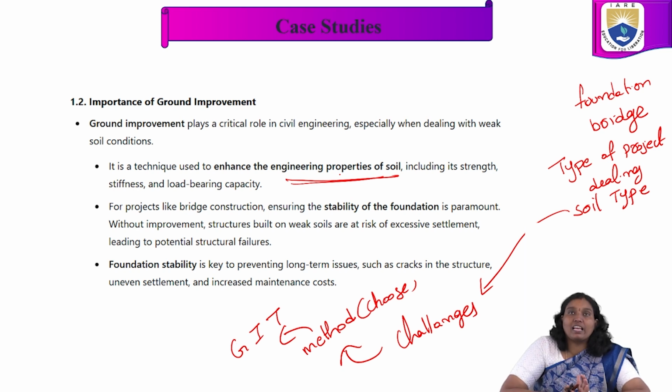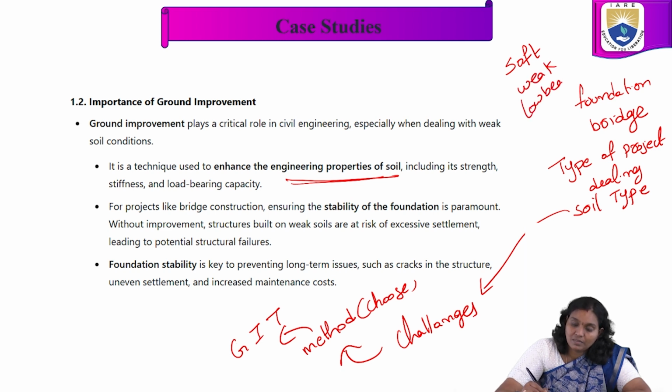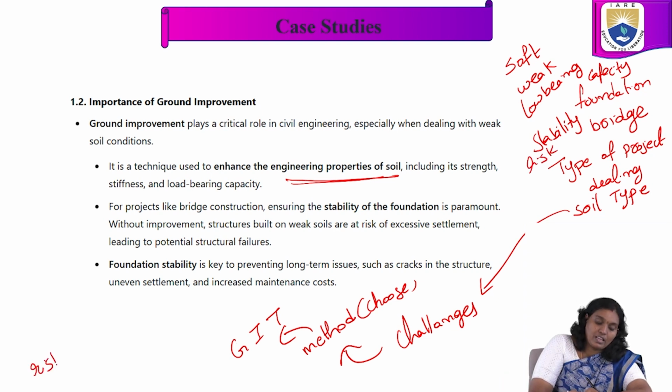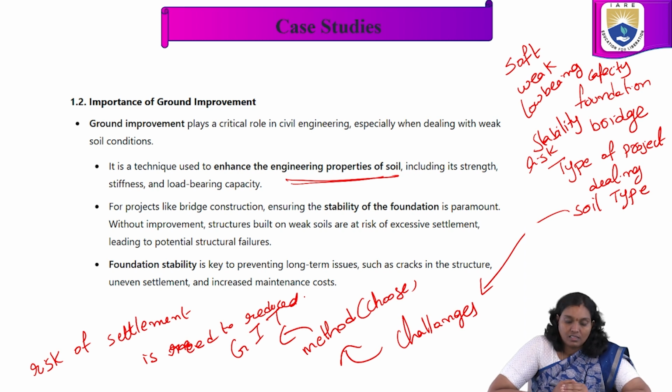As per this particular case study, we understand the soil is soft as well as weak, with low bearing capacity, and it requires more stability and integrity, and various settlements are happening. So the risk of settlement needs to be reduced. These are all the parameters involved in this particular case study.